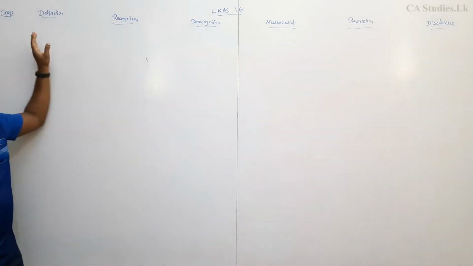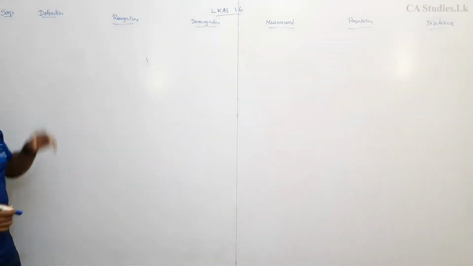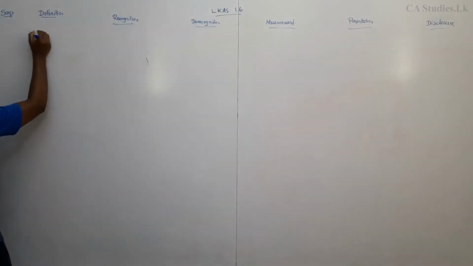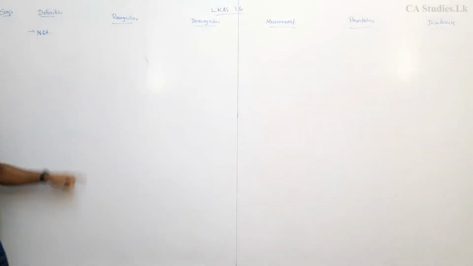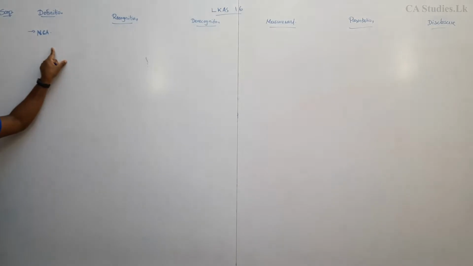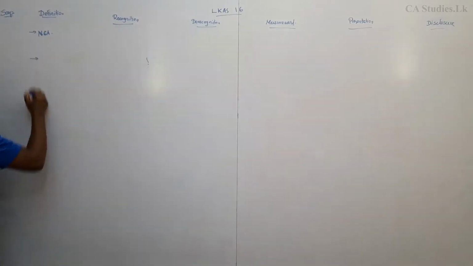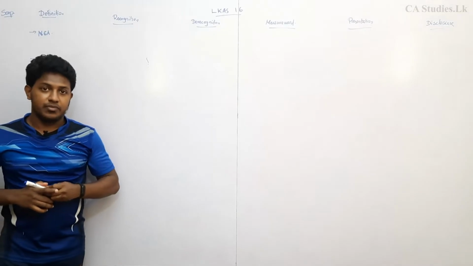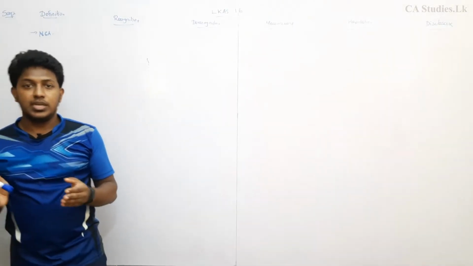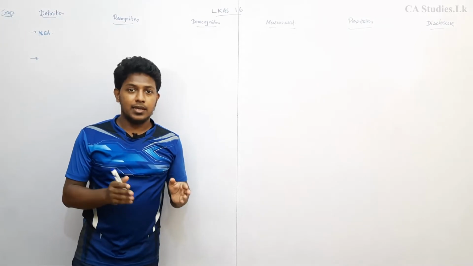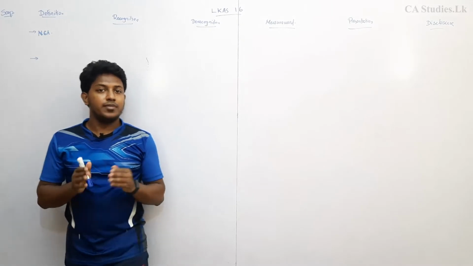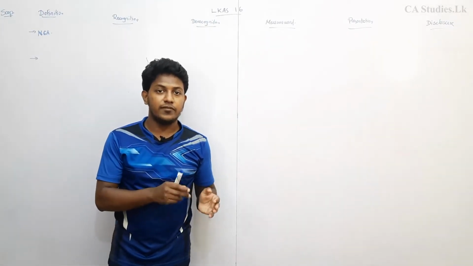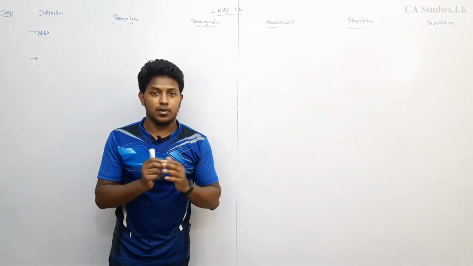First one is definition. According to LKAS 16, non-current assets are regulated by LKAS 16. So we have to understand the definition of the non-current assets. Then non-current asset expenditure will be capital expenditure, shortly capex. Each year we have to allocate the non-current asset expenditure according to the useful lifetime of the asset or the useful lifetime of the business, whichever is lower.